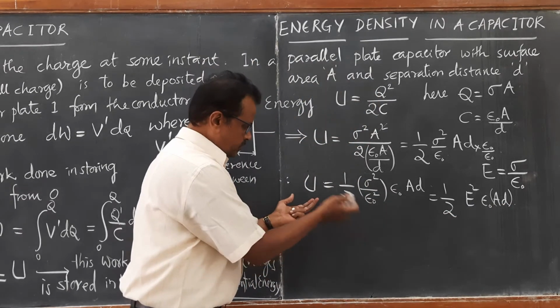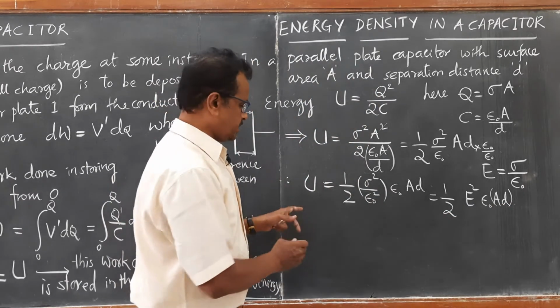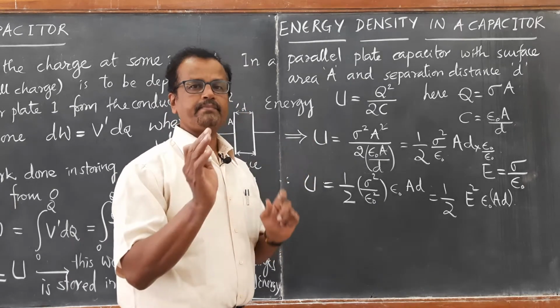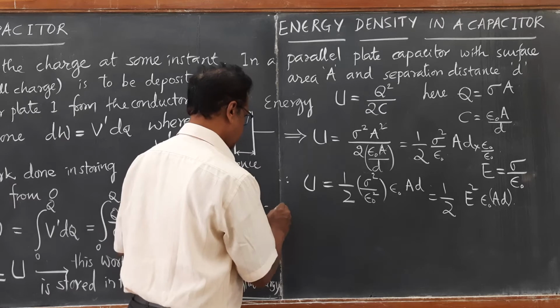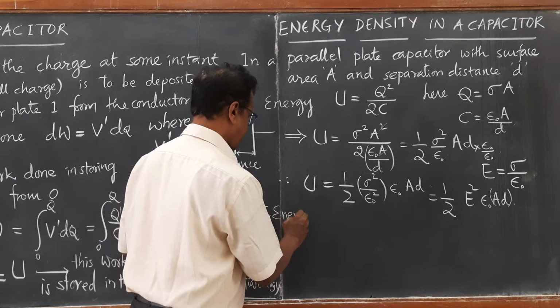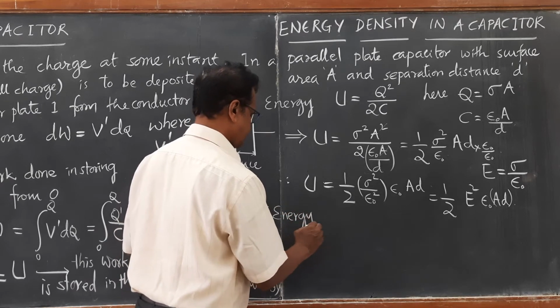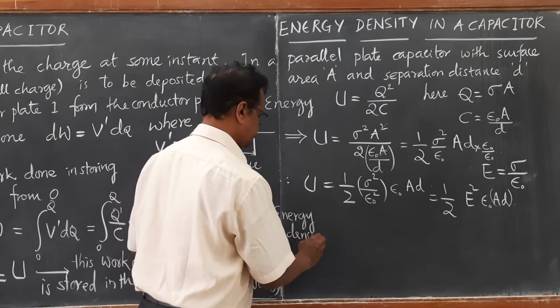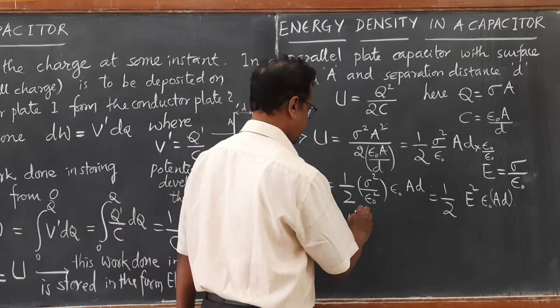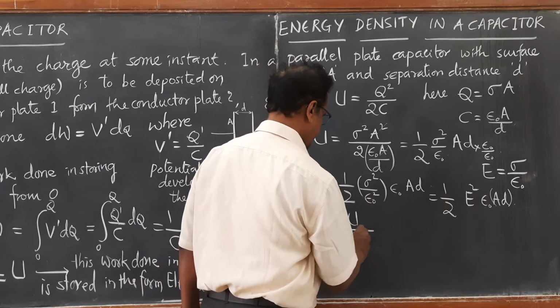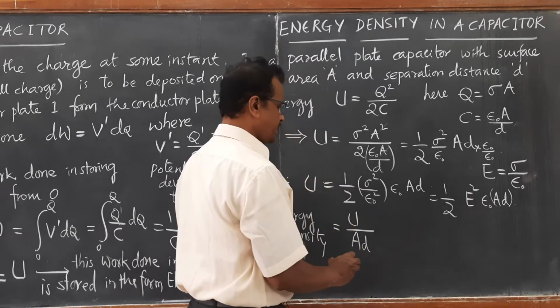Therefore, if you take volume to the left hand side, then we get energy stored per unit volume. That is what we call energy density. Energy density equals energy stored per unit volume, U by AD.